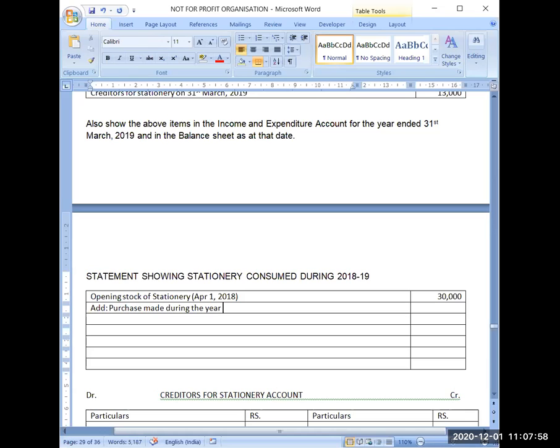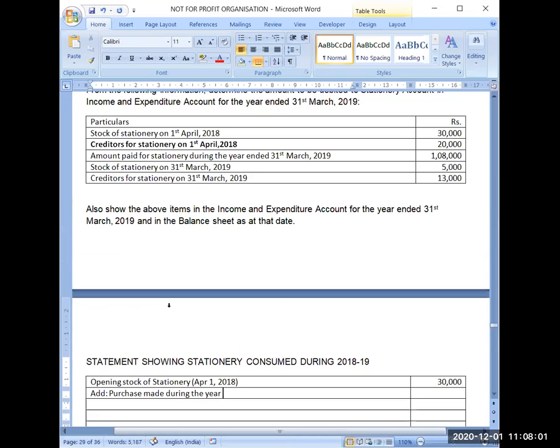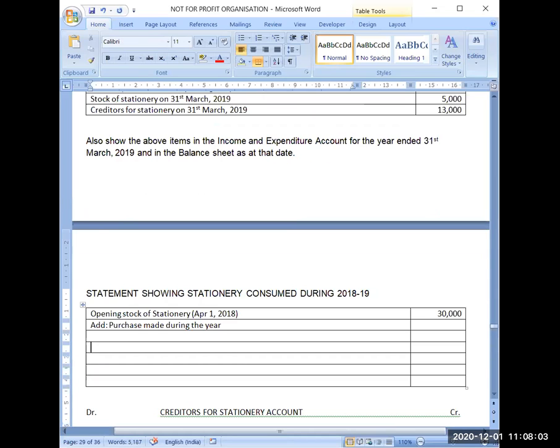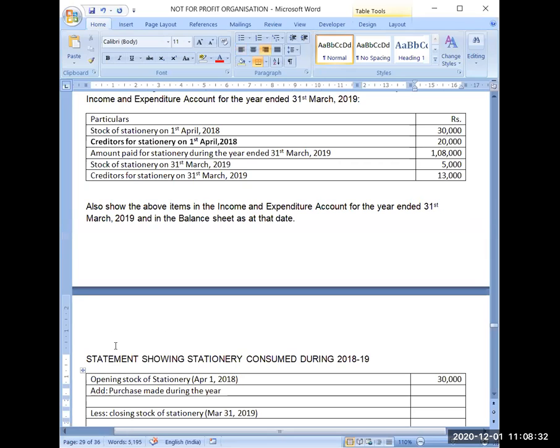For that purchase, we have to make the creditors account, and from that we will subtract, less closing stock of stationery, March 31st, 2019. That closing stock is given, 5,000.